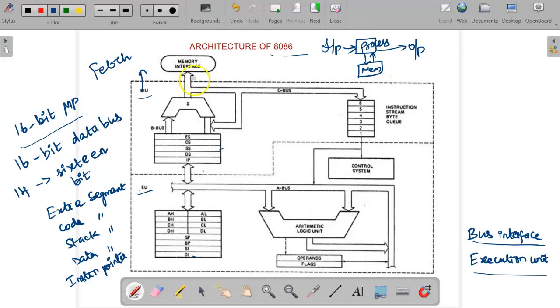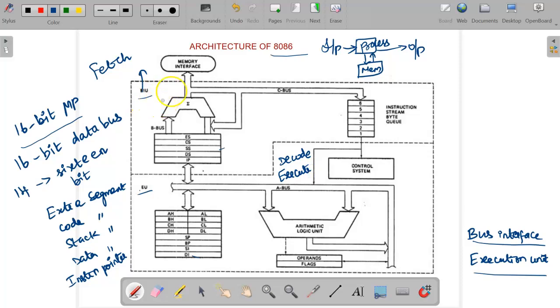Then through the bus it will be transferred and stored in the 6 byte instruction queue. Then the instructions one by one will be moved to the execution unit, where they will be decoded and executed.